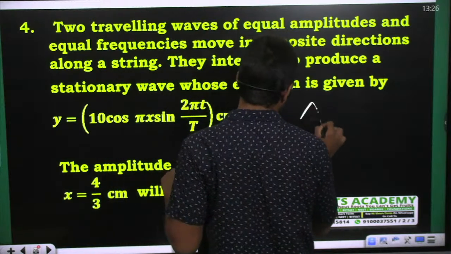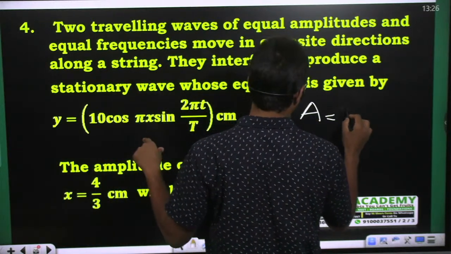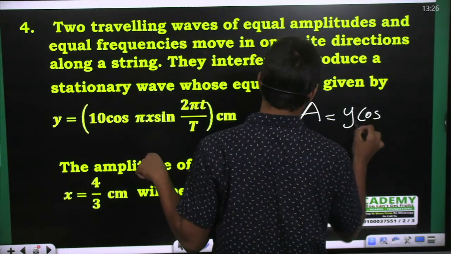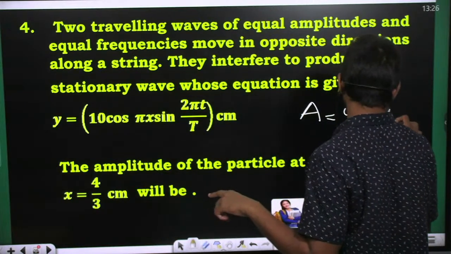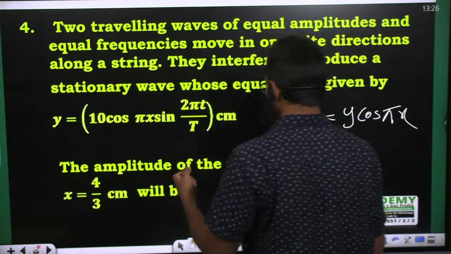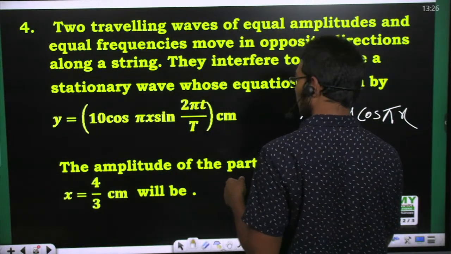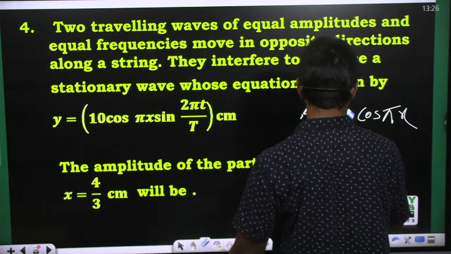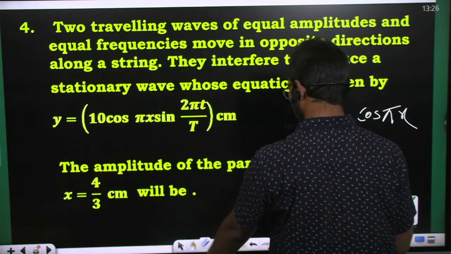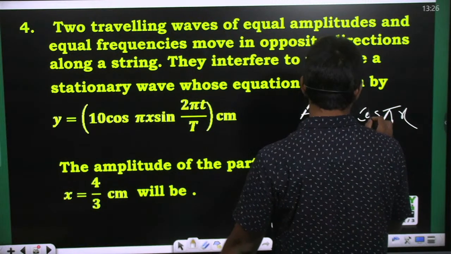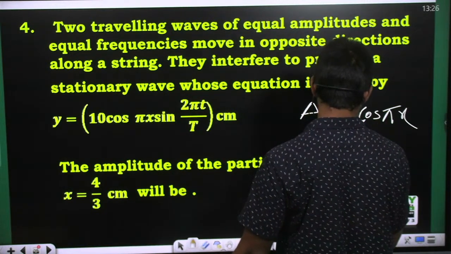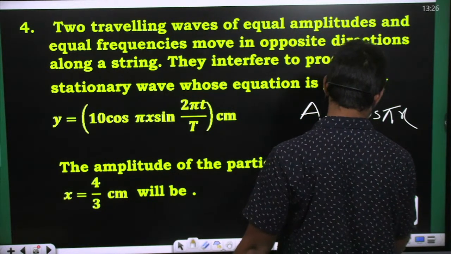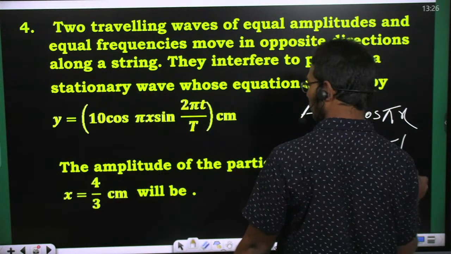The amplitude is nothing but 10 cos pi x, with x equal to 4 by 3. Just substitute.